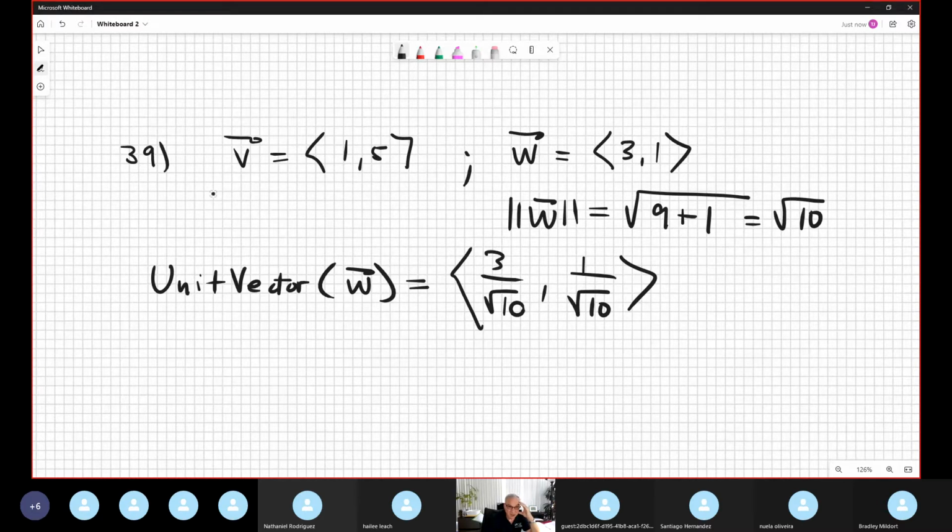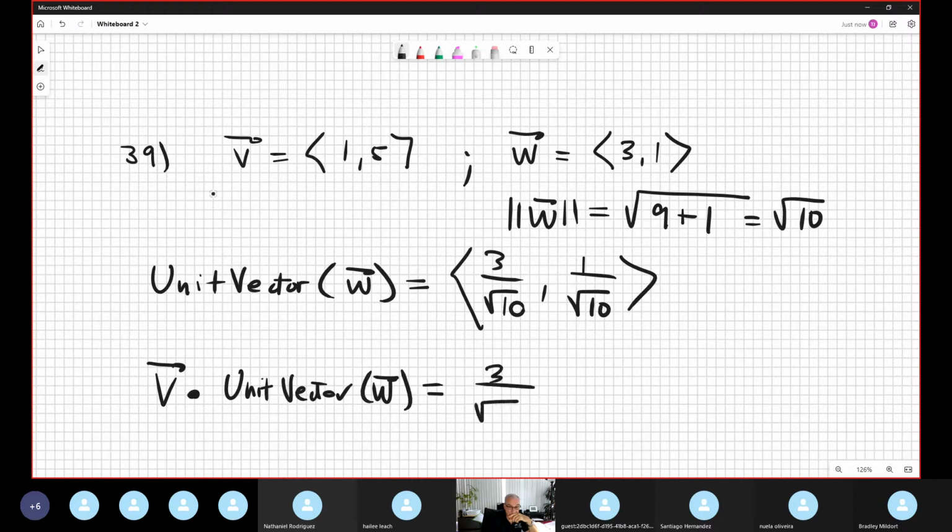Now, the next step is to perform the dot product between the vector B you want to decompose and the unit vector in the direction W. It is 3 over radical 10 times 1 plus 5 over radical 10.